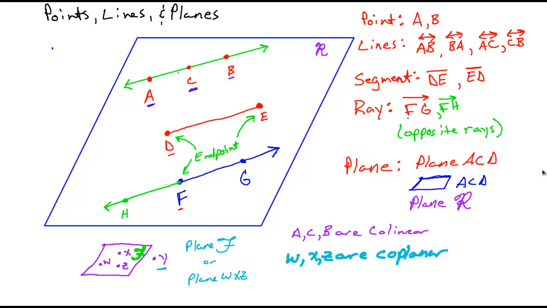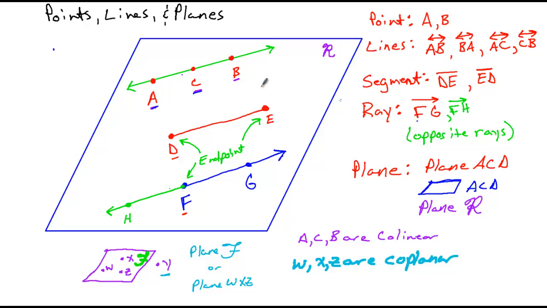Okay. The next postulate that you need to know is that through any 3 non-collinear points, how about A, C, and D, there's exactly one plane that contains them, and that should make sense to you. If you make 3 dots on a piece of paper, like this, 1, 2, 3, well, they're on that piece of paper, right?